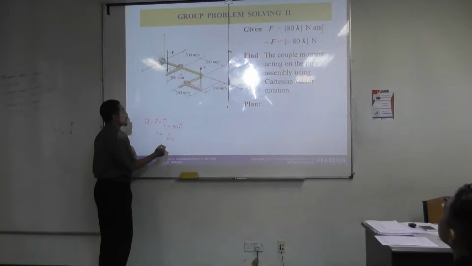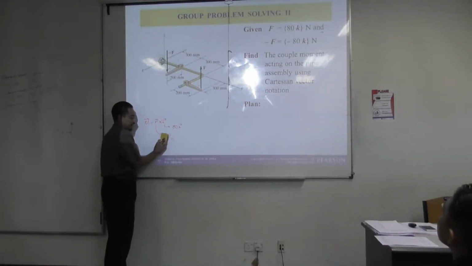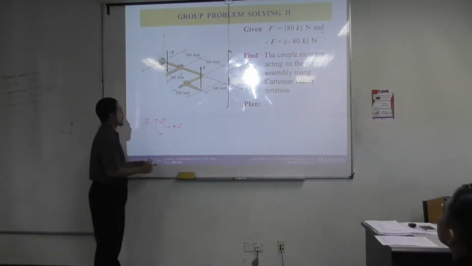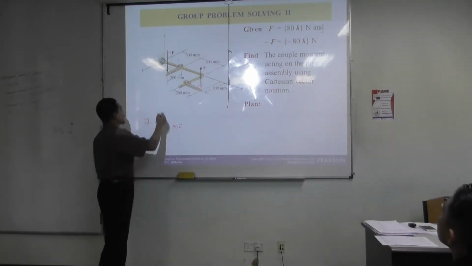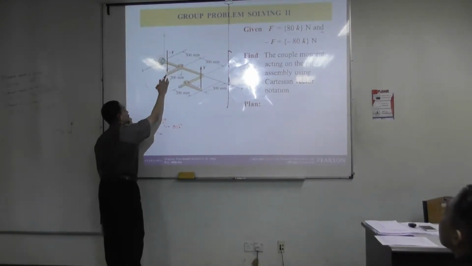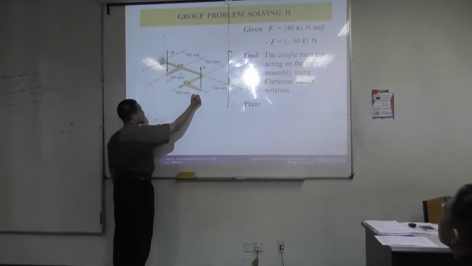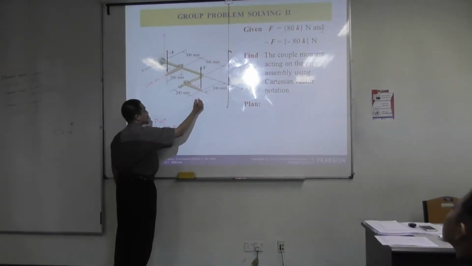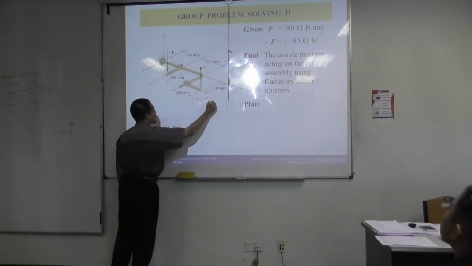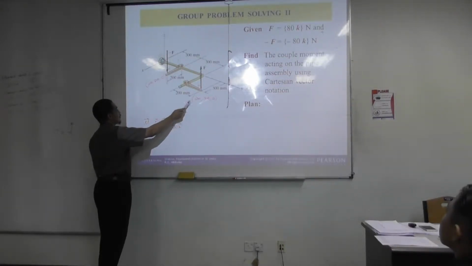Minus. Of course, as we mentioned in the previous example, if you cannot detect it straight away or you tend to make mistakes, then might as well just write the coordinates first. What is the coordinate here? 200, 300, 0. And then this one? 800, 800, 0. So which one minus which one? The one on the right minus the one on the left.